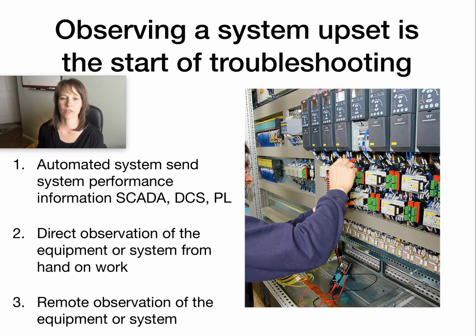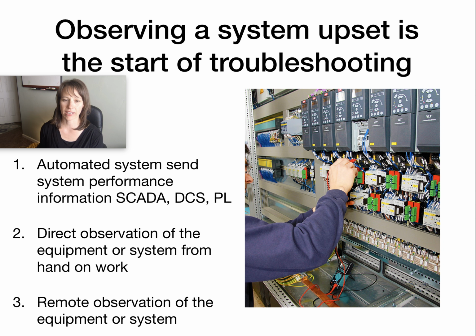This concludes the step of observing an indication of a system upset or a problem to start off the troubleshooting approach that we've been overviewing. If you're working on an automated system, it frequently sends system performance information and collects real-time data for you to look at through either a SCADA or DCS system. The PLCs interact with the SCADA and DCS to send the information and operate the equipment.